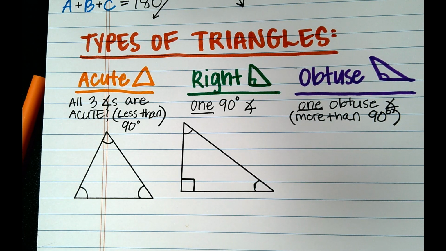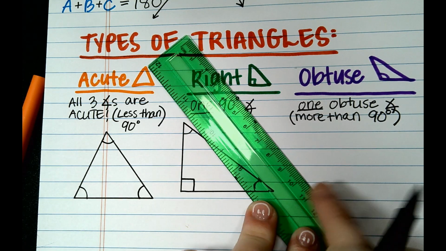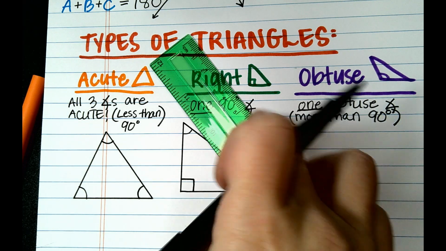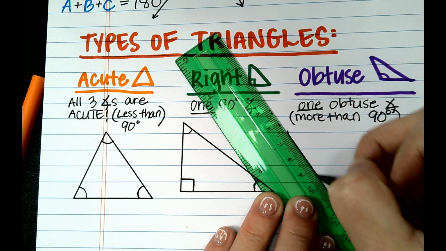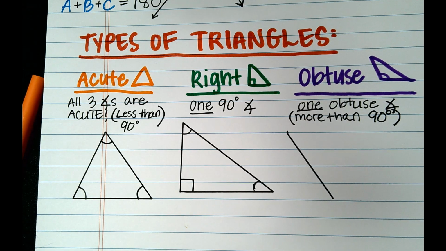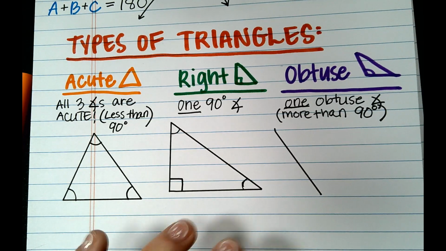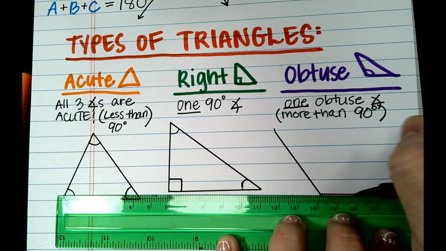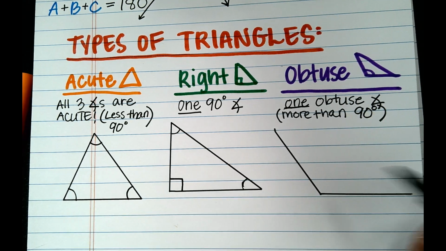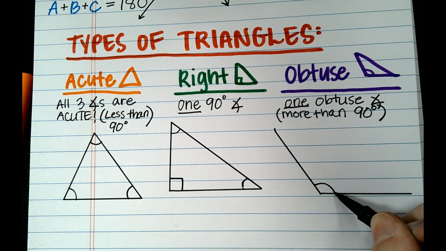So whenever we draw an obtuse triangle, I usually like to start with a line kind of tilted out so I know I can start with a bigger angle. Like that. And I'll create the obtuse angle with my second line. This is the obtuse angle right here.